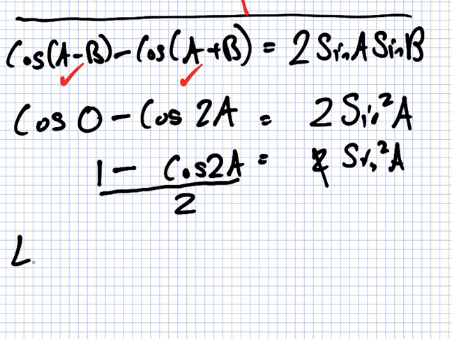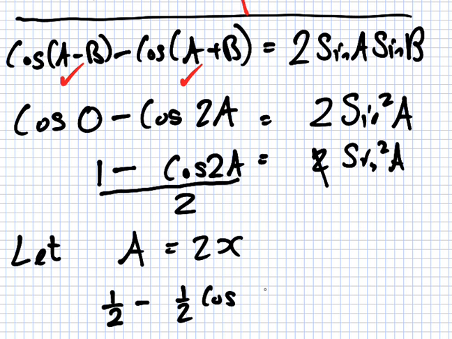Now, let A equal 2x. So this will be 1 over 2 minus 1 over 2 cos 2A. So that's 4x equals sine squared 2x.